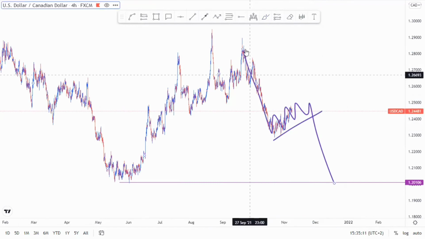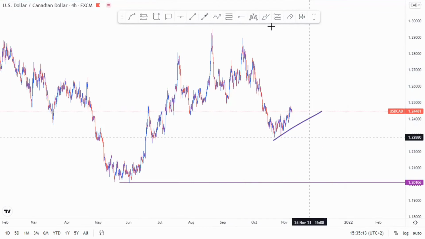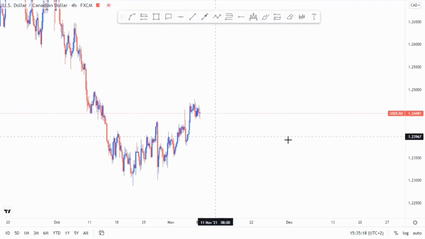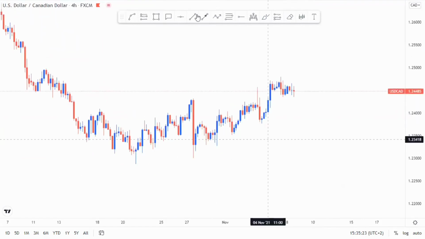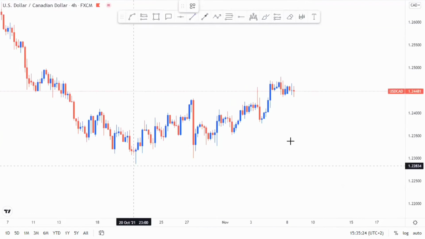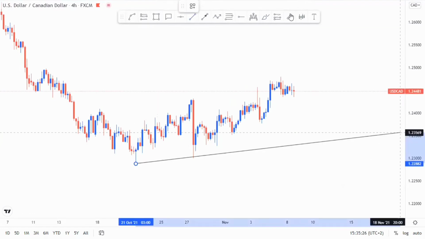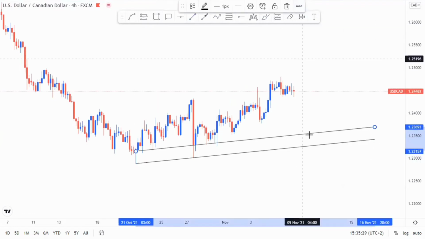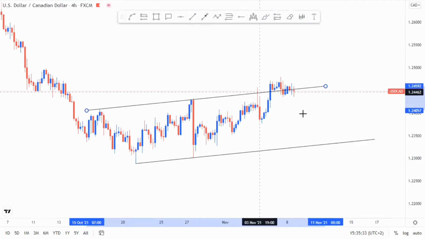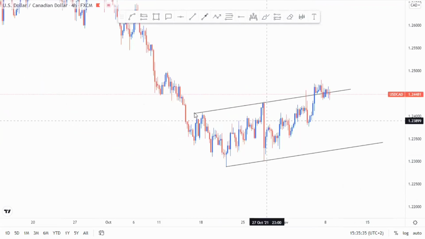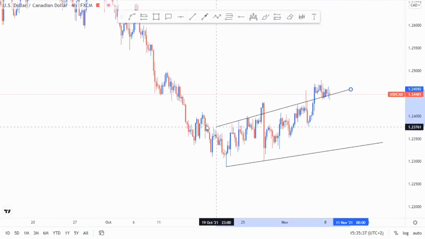So with that being said, I'll identify the correction pattern, which is over here. And I'll say, connecting the lows, clone it, try to fit it, and I see, okay, adjusting it.